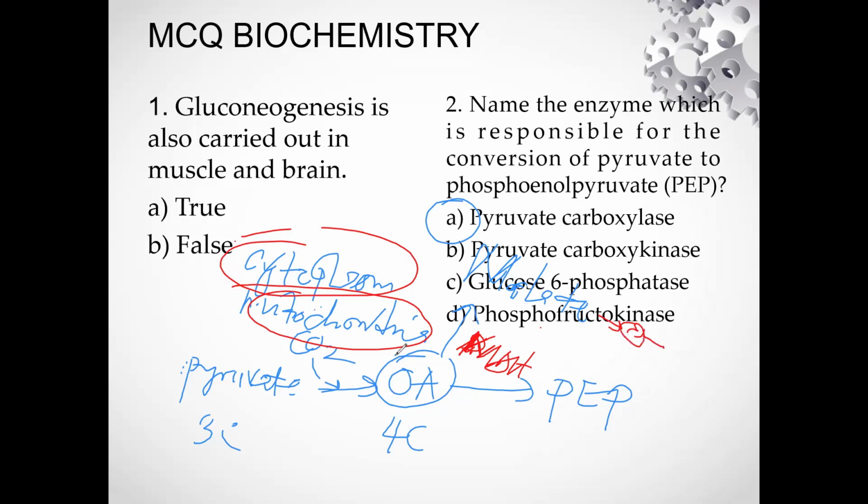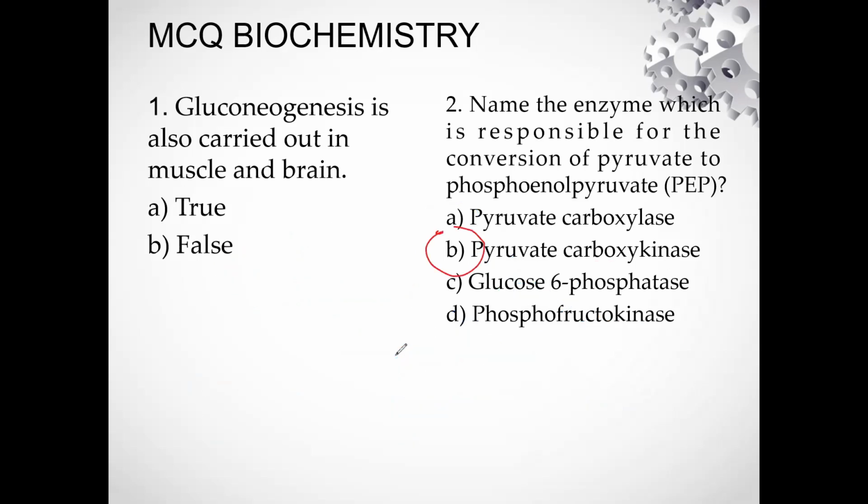Then the oxaloacetate will be converted to phosphoenol pyruvate using an enzyme called pyruvate carboxykinase, which converts pyruvate to phosphoenol pyruvate through an oxaloacetate intermediate. So therefore, the answer to this question is pyruvate carboxylase.